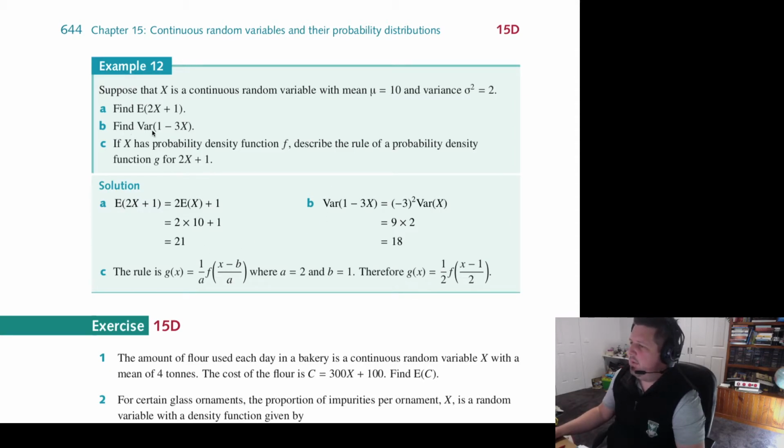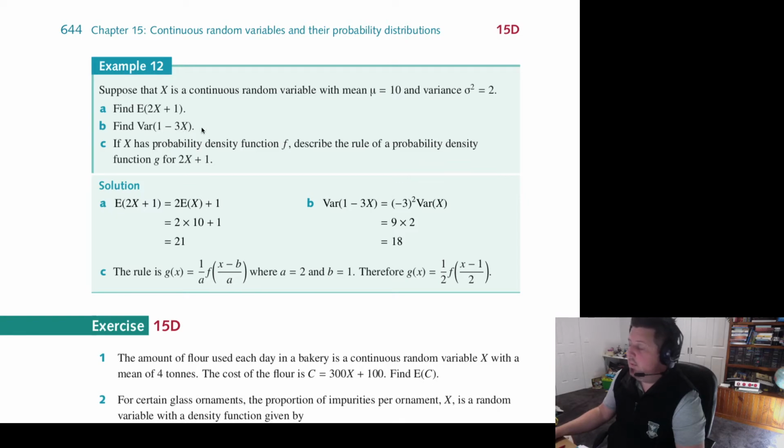Next one, find the variance of 1 take away 3x. Again, this is a linear function, but note it's not in exactly the format suggested above. Don't get tricked. Remember, this here is the b value, and this here in front of the x is the a value, so negative 3. It's the same as finding the variance of negative 3x plus 1. They've just written those terms in different spots.